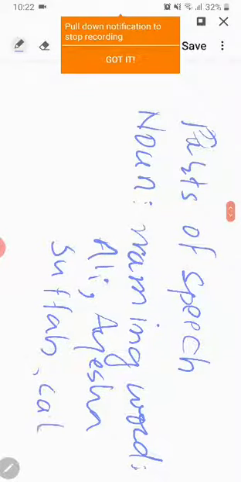All naming words are called nouns. Like Aisha, sofa, cat: cat for an animal, sofa for a thing, and Aisha for a person. These are all naming words and are called nouns.